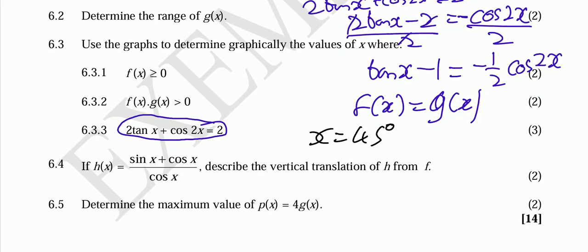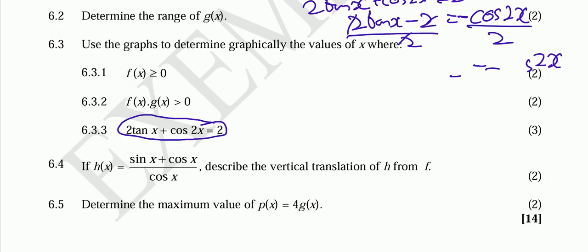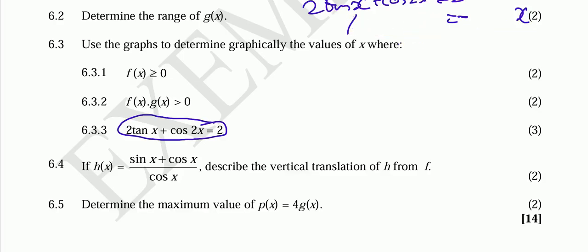Okay? Now let's go to 6.4. They're saying you have h of x. Your h of x is sine x plus cos x over cos x. Now they are saying describe the vertical translation of h from f, right?